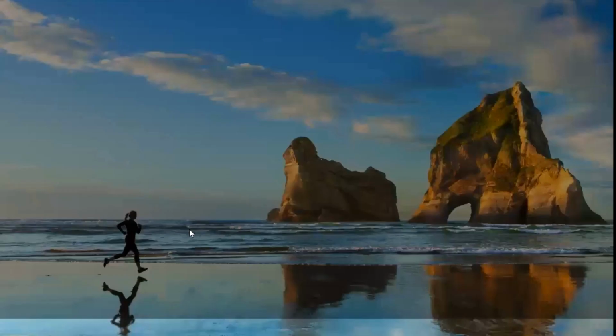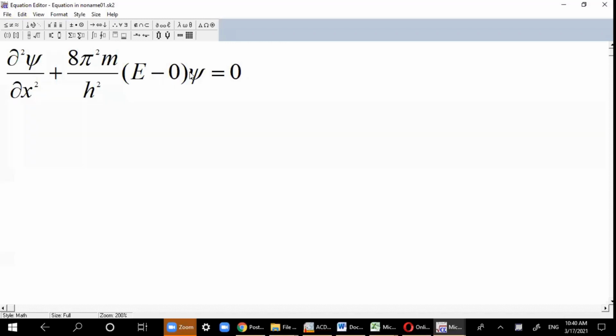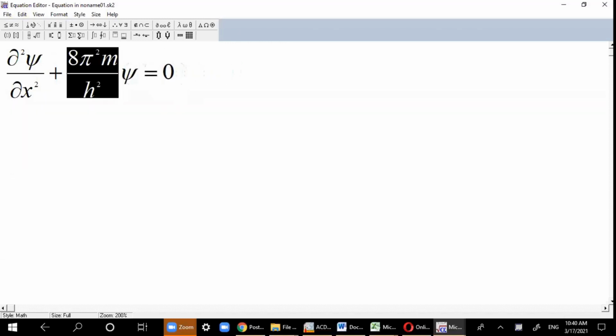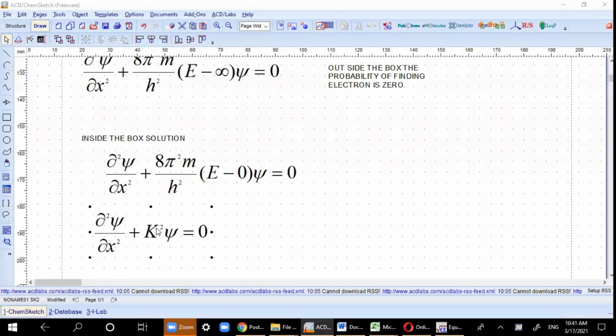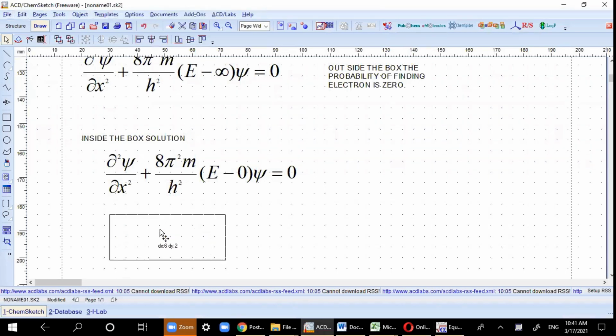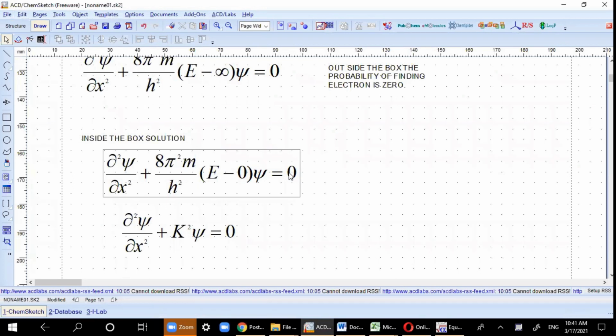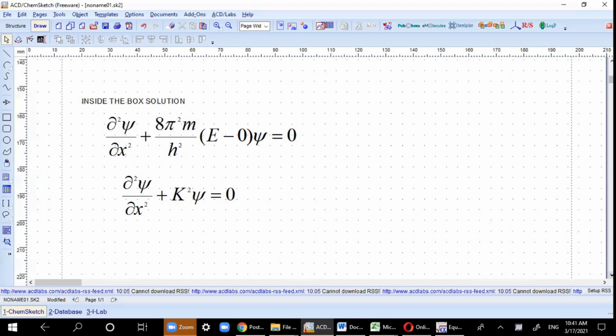Directly I am writing k square. See that now it was simplified. This looks like a simplified form of equation 3. Dou square psi by dou x square plus k square into psi equal to 0.